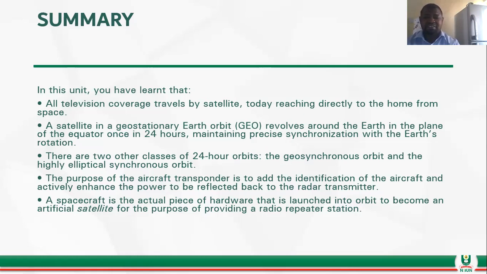A satellite in a geostationary Earth orbit, GEO, revolves around the Earth in the plane of the equator once in 24 hours. Take note of that, maintaining precise synchronization with the Earth's rotation.